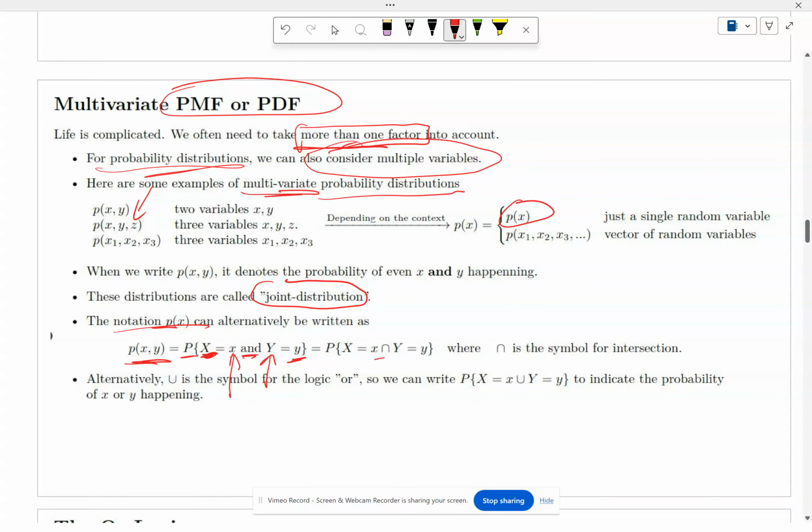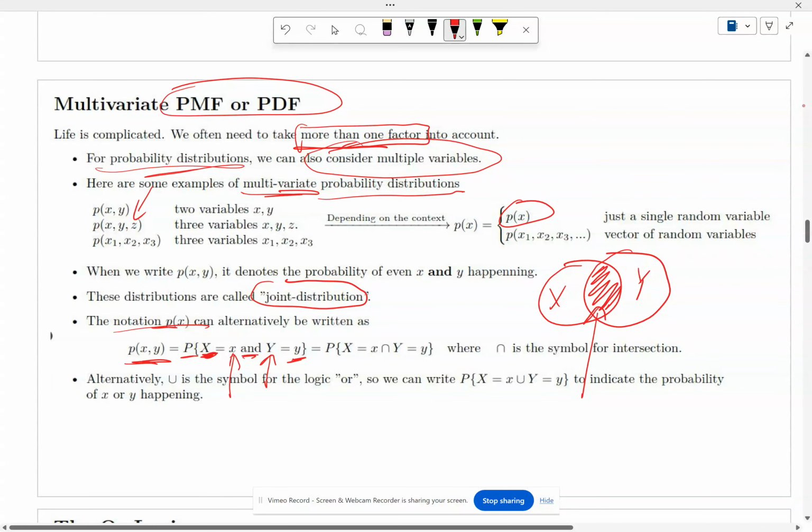Another way to say it is through the intersection symbol. You can picture a Venn diagram, and here's the intersection. Here's event x and event y. You can see that the intersection is really x and y, right? So what it's saying here is: what is the probability of the intersection such that X is equal to lowercase x and Y is equal to lowercase y.